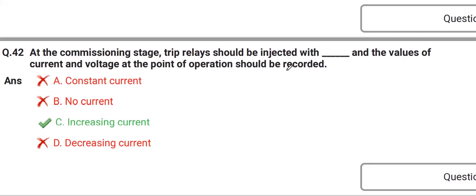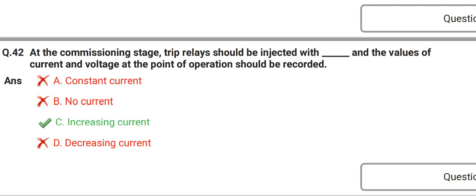At the commissioning stage, trip relays should be injected with dash, and the values of the current and voltage at the point of operation should be recorded. So this question is from the commissioning test of protection relays at site before set to work.